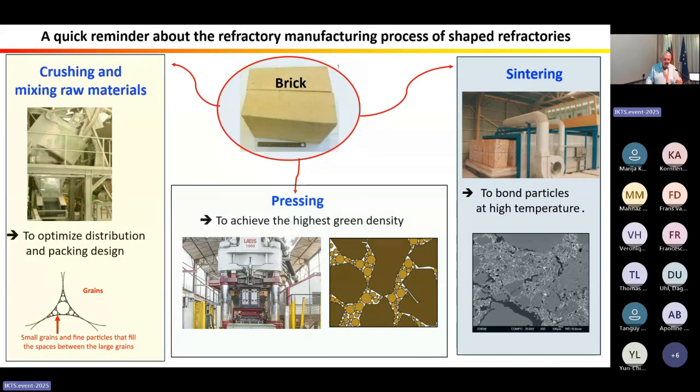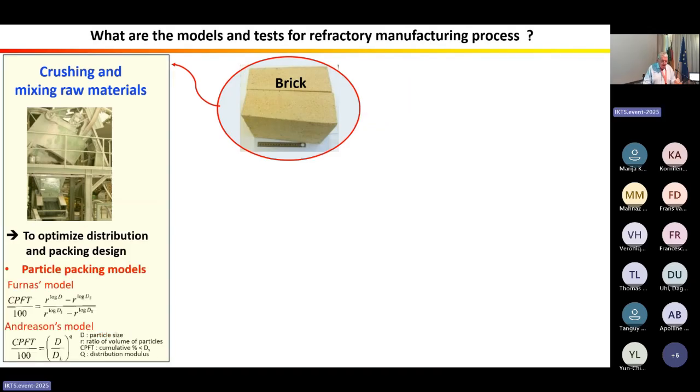Just a quick reminder about the manufacturing process of shaped refractories. We have 3 stages: crushing and mixing raw material to optimize distribution and packing design. We have large grains, and small grains and fine particles that fit the space between the large grains. Pressing to achieve the highest grain density, and sintering to bond particles at high temperature. What are the models and tests for the refractory manufacturing process?